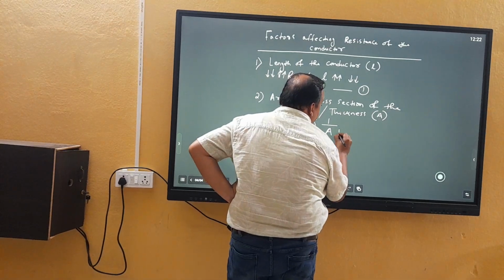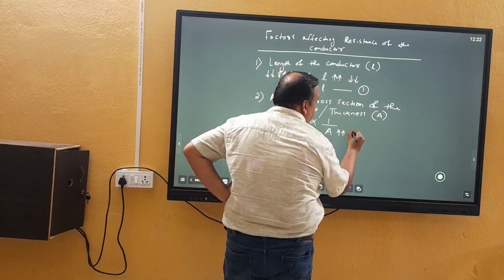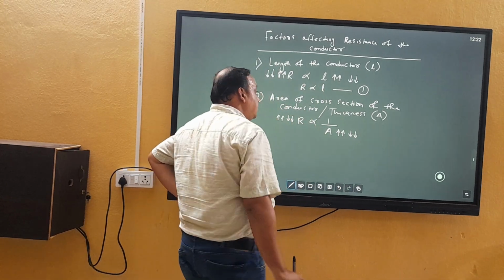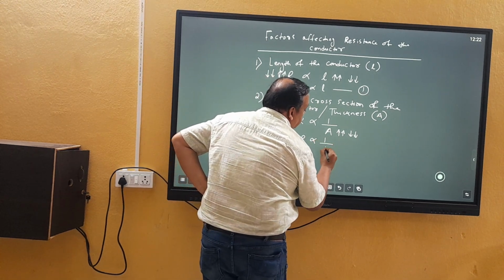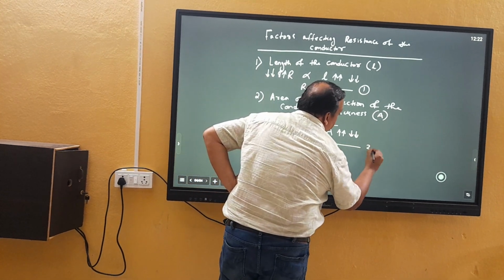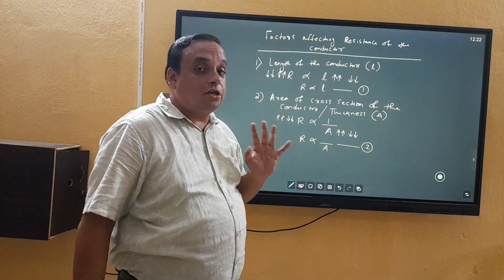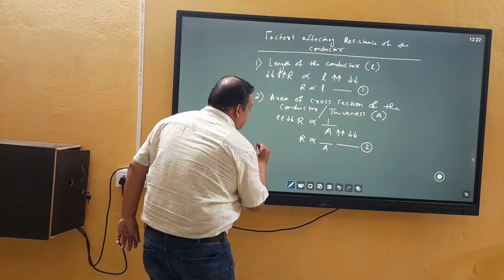If the thickness is more, then resistance is low. If the thickness is less, the resistance is high. Okay, so resistance is inversely proportional to area of cross section of the conductor. These two mathematical relationships we are getting from these factors affecting resistance.